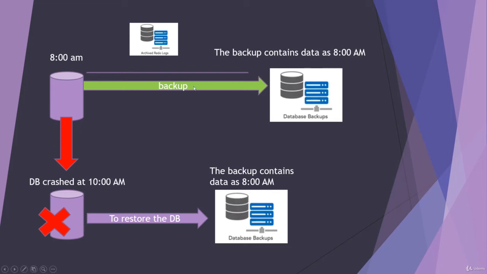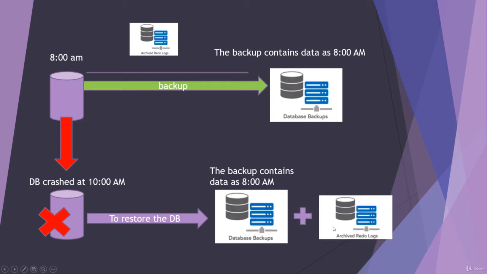So I have 2 hours, and in these 2 hours, a lot of transactions happened, but all these transactions are saved in the archived redo logs. So I need this backup plus these archived redo logs. This means that I am recovering the database 100% without losing any information. So this is the most important thing you should know about the backup files and the archived redo logs.